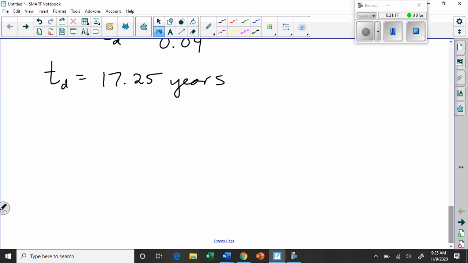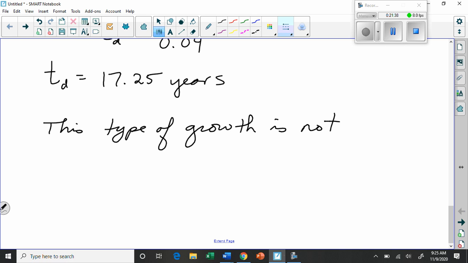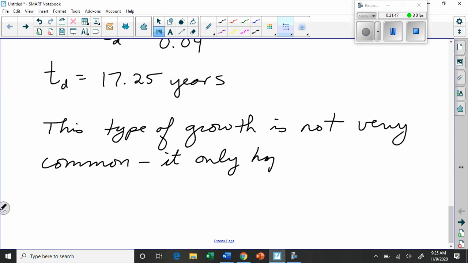It only works, so this logarithmic growth, or exponential growth as they call it, I'm just going to put this type of growth, is not very common. It only occurs under strict conditions.